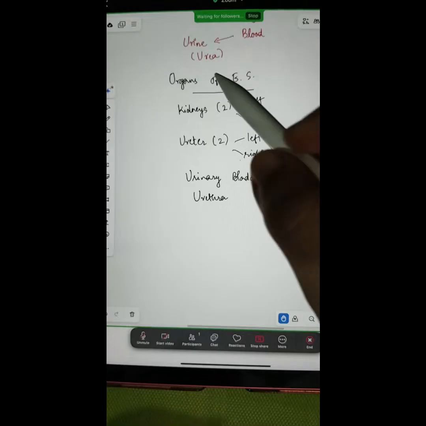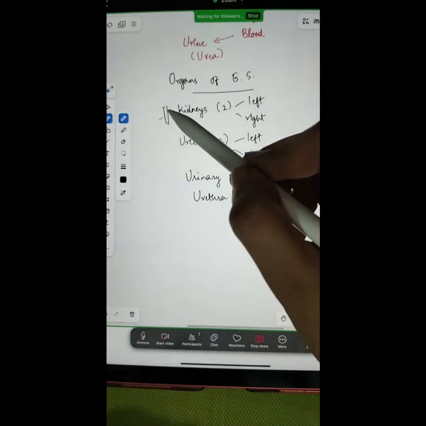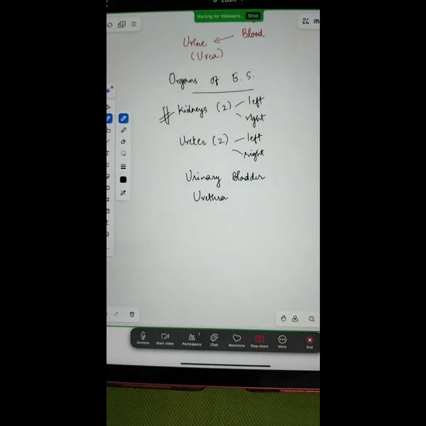Now, quickly, you should also learn where the kidneys are located. They are located on the dorsal side of the body. Dorsal means where your backbone is. So just opposite to the abdomen, on the back side, on either side of the vertebral column or the backbone, we have two kidneys, right?